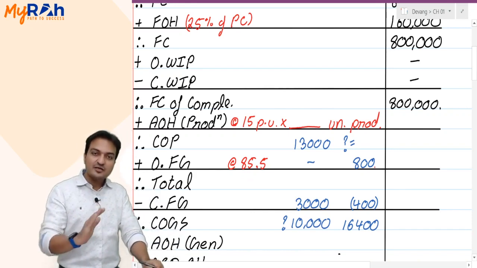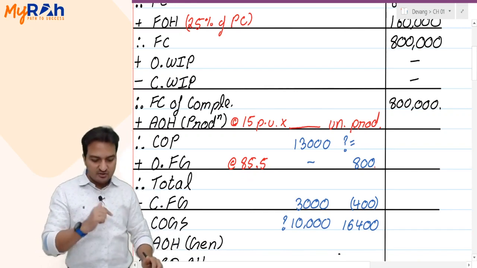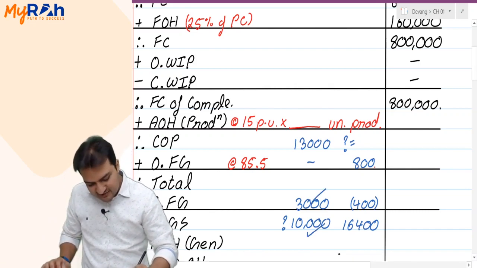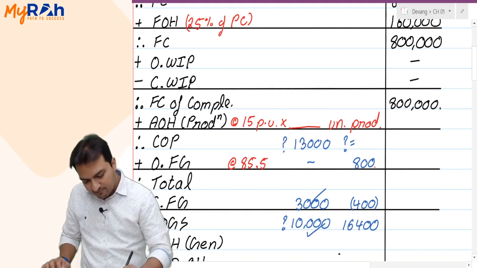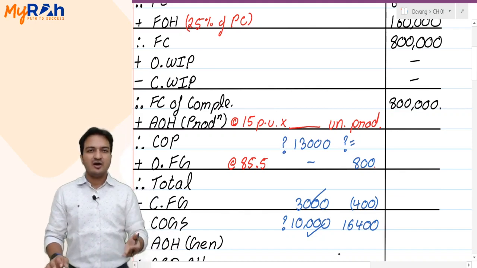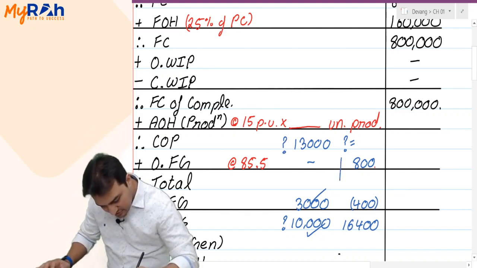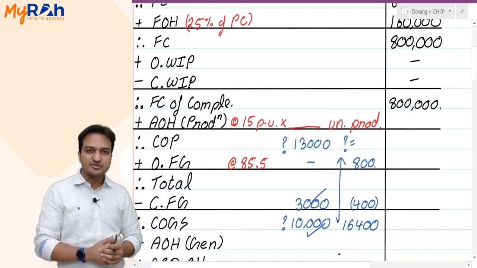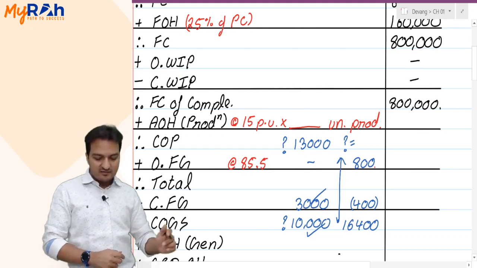But now I'm asking you in reverse. Now I have a question where this 10,000 is given, closing FG is given, then how will you find production units? Simple. All you have to do is reverse calculation. You start from the 10,000 here.